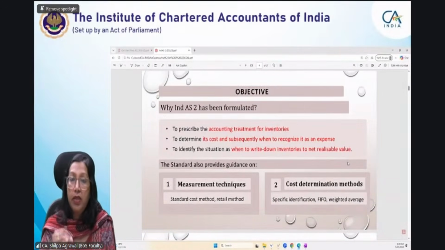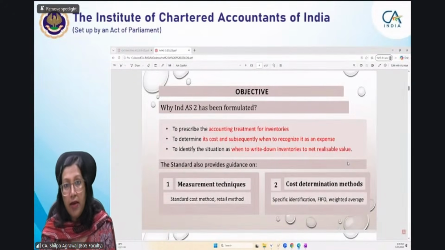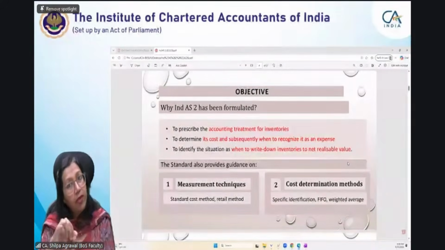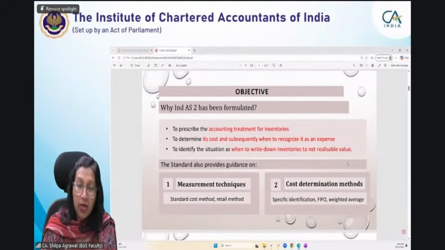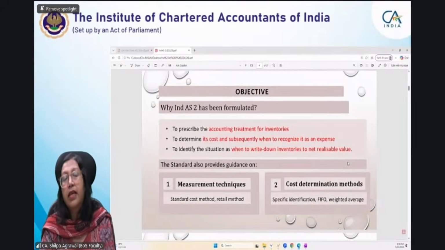That we do in the form of reduction in the inventory, to net realizable value. Your net realizable value may be more than cost, or may be less than cost. Wherever it is more than cost, it is completely okay; we are recognizing on the basis of cost.